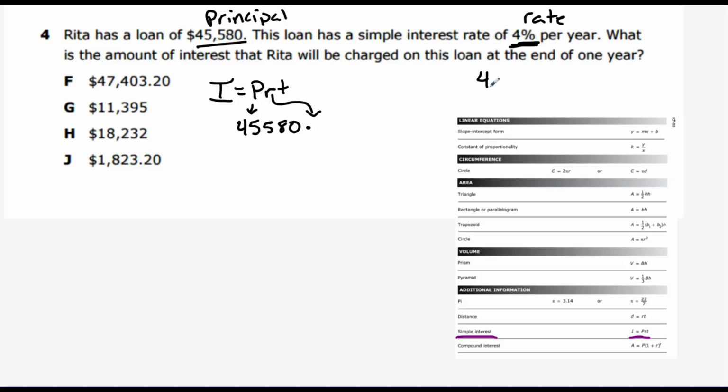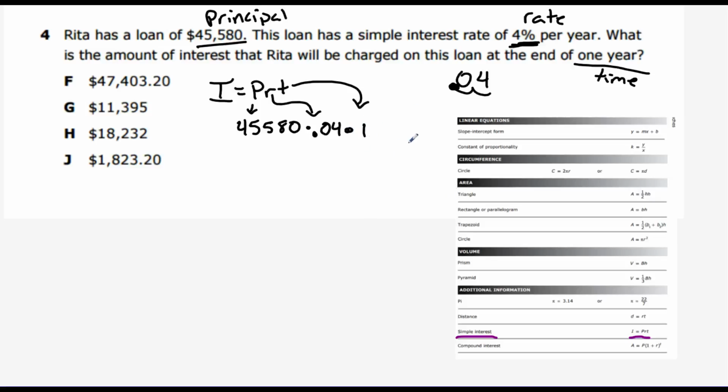So we take 4, whole number, move the decimal 2 places over to the left, gets smaller, so 4% becomes 0.04. Okay, that's our rate, 0.04, and t is our time in years, and it just says 1 year, so our time is just 1.